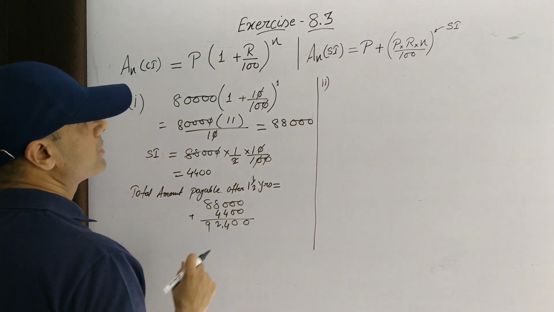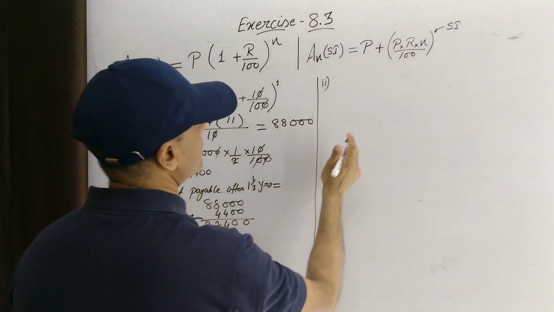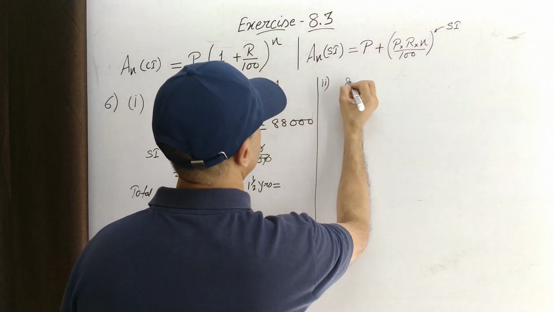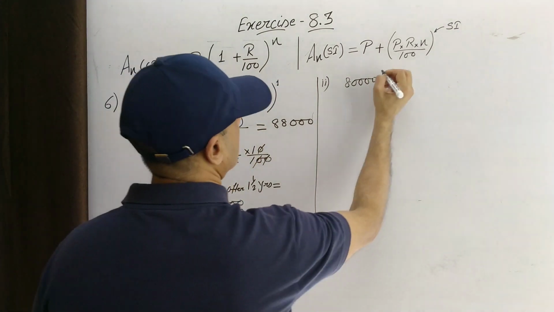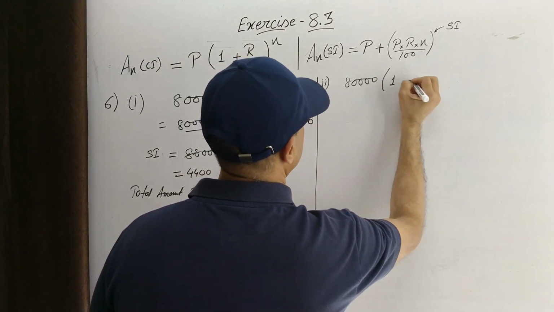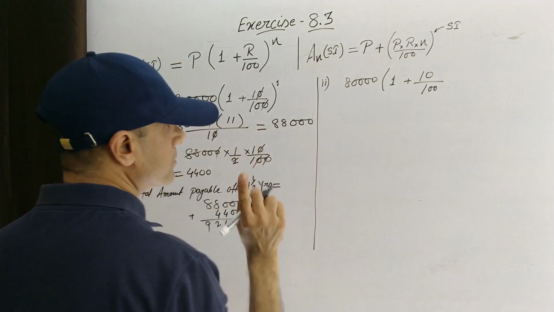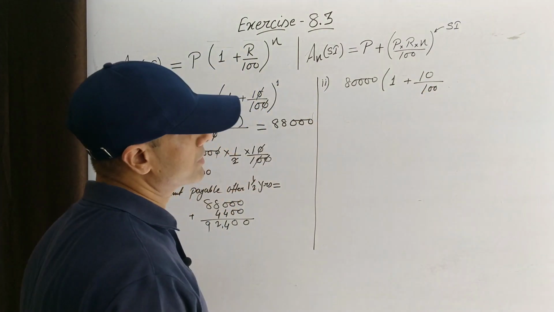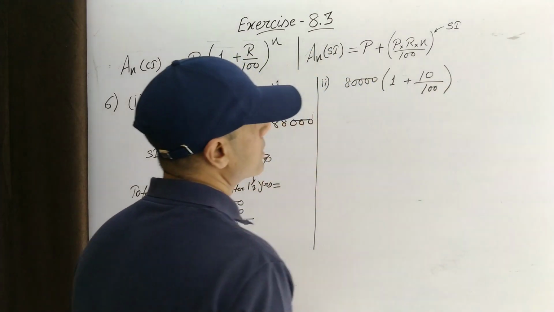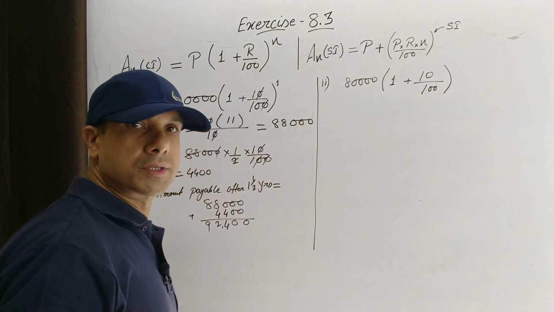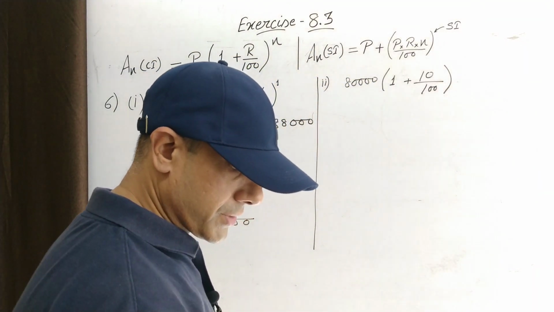if the interest is compounded half yearly, principal amount in this case is 80,000 and rate of interest is 10%. But this is compounded half yearly and we are calculating for 1.5 years, that is 3 half years.